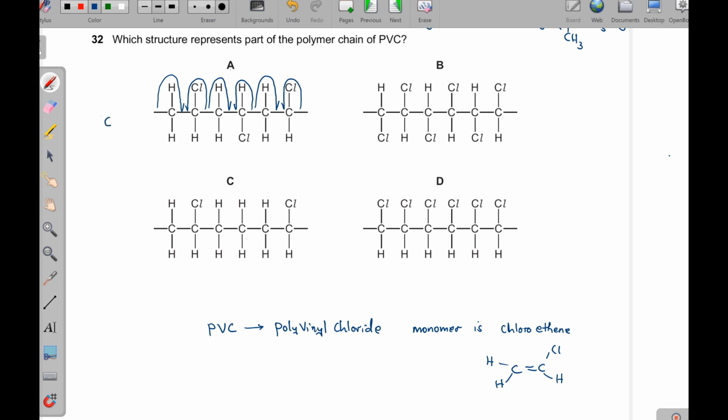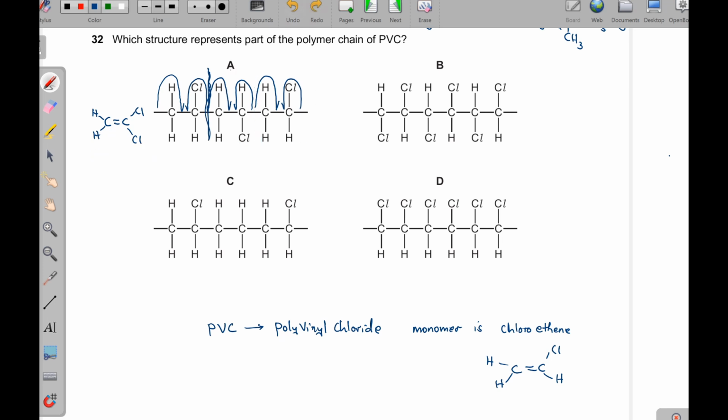We have a hydrogen, a hydrogen, then a double bond created here, then a chlorine, and then a chlorine. Now this bond has been broken here. Do you see that this is the same thing as what we have here, and also here? So they are all going to give you this one.